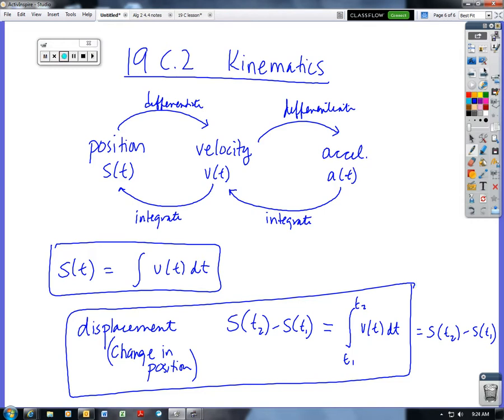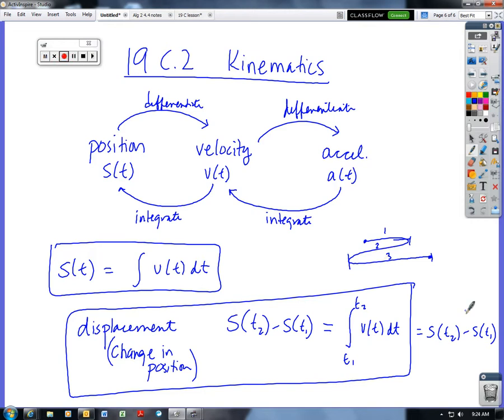Okay, then also we can talk about total distance traveled, which can be different than displacement depending on the object. If the object's going back and forth, say it started here and ended here, would the total distance traveled and the displacement be the same? The answer is no. The total distance is adding up this distance plus this distance plus this distance, these three distances together.